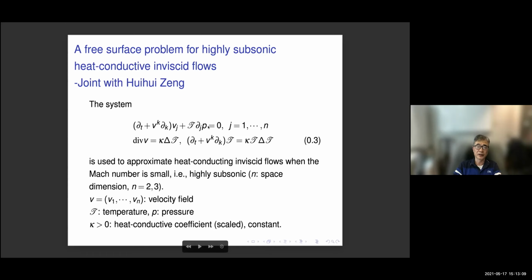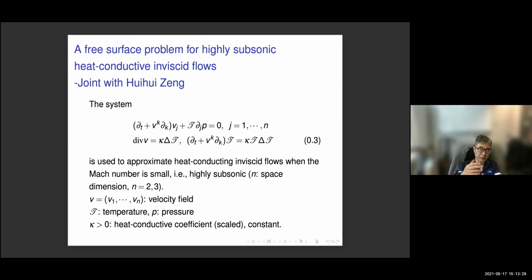Actually, this equation is from the momentum equation, and here this is for div v equals kappa times Laplacian of temperature T. This comes from the compressible equation.